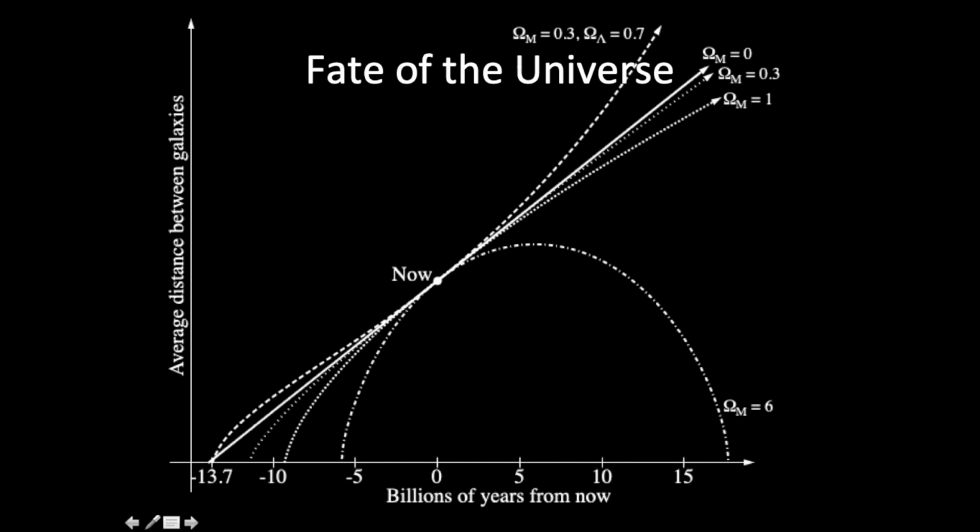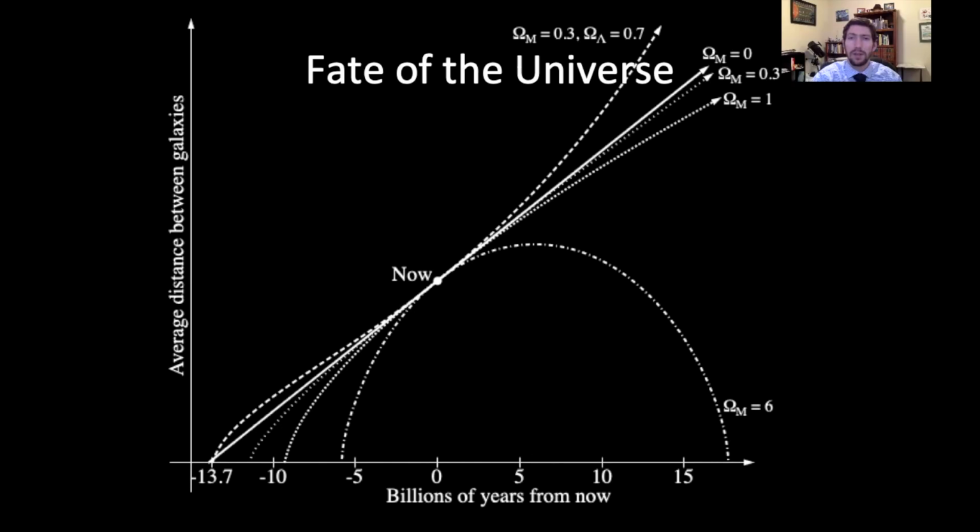And also, if the density of matter is less than 1, between 0 and 1, then it could still expand forever and expand at accelerated rates. If that happens, we call that end the Big Freeze. Sometimes I've also heard the Big Chill, or the heat death of the universe.